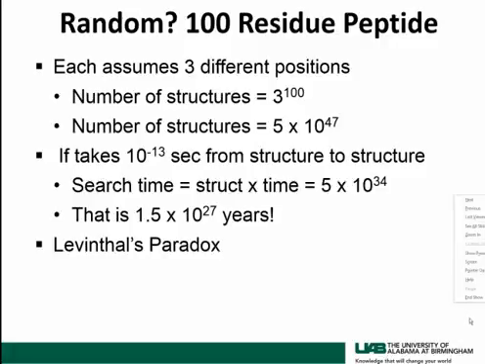Now, how many of us would be willing to wait on a protein that is being synthesized in our bodies because we need it and we need it immediately? How many of us will be willing to wait 1.5 times 10 to the 27 years? Impossible, right? So Levinthal's paradox began to open the eyes of scientists everywhere and said, that is correct.